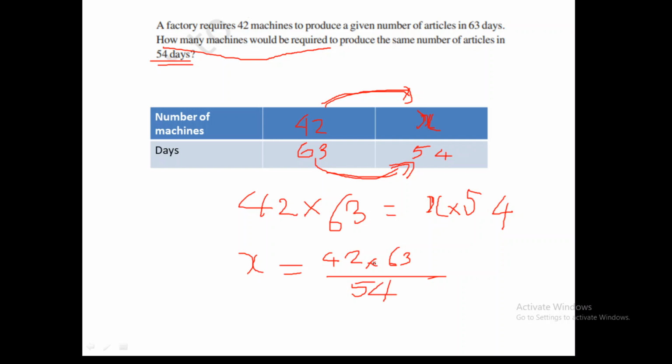Then before multiplying, we can cancel this. Here 63 and 54 can be cancelled by 9. How many 9 in 63? 7. How many 9 in 54? 6. And 42 and 6 can be cancelled. How many 6 in 42? 7. So 7 into 7, 49 machines they want to use to finish the work in 54 days.